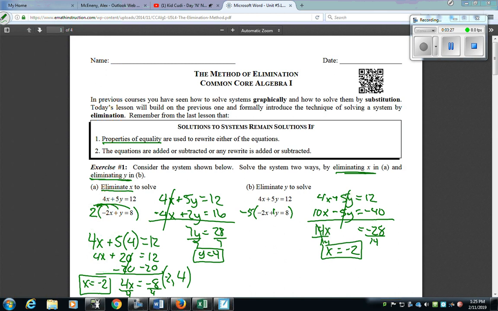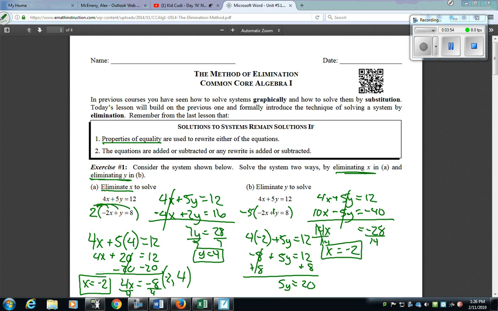Now I've got to plug in the x value into either one. I'm going to pick the top one again. So I got 4 times negative 2 plus 5y equals 12. I can multiply the 4 and the negative 2 together to get negative 8, and then add the 8 to both sides. I end up with 5y equals 20.